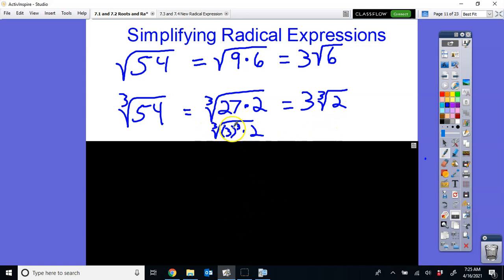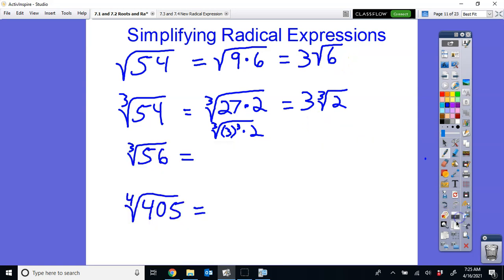So notice I take this thing that is a perfect cube and it undoes the cube and it comes out. The big key to understand here is that when you take the root of something, it comes out of the radical and then you leave the stuff on the inside that's not. It's the same thing that we did with square roots. We took the square root of the perfect squares and we left the things that are not perfect squares on the inside.